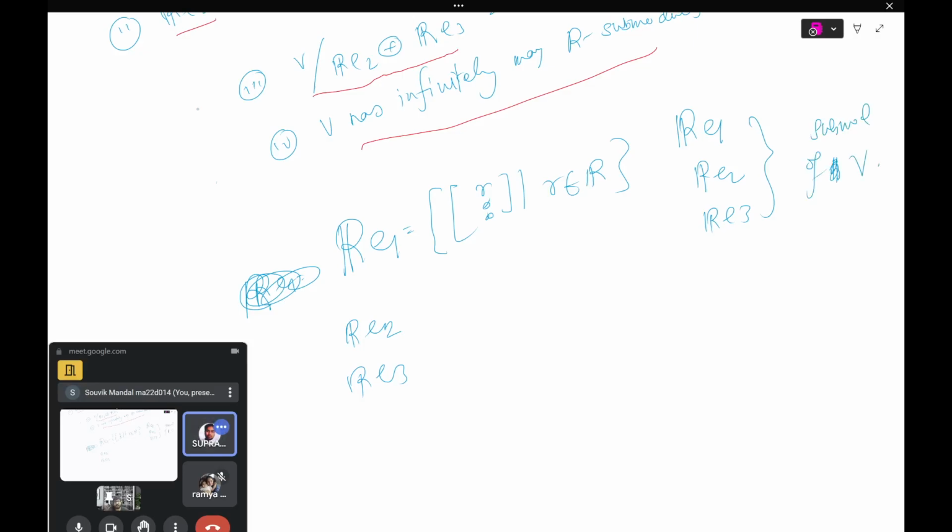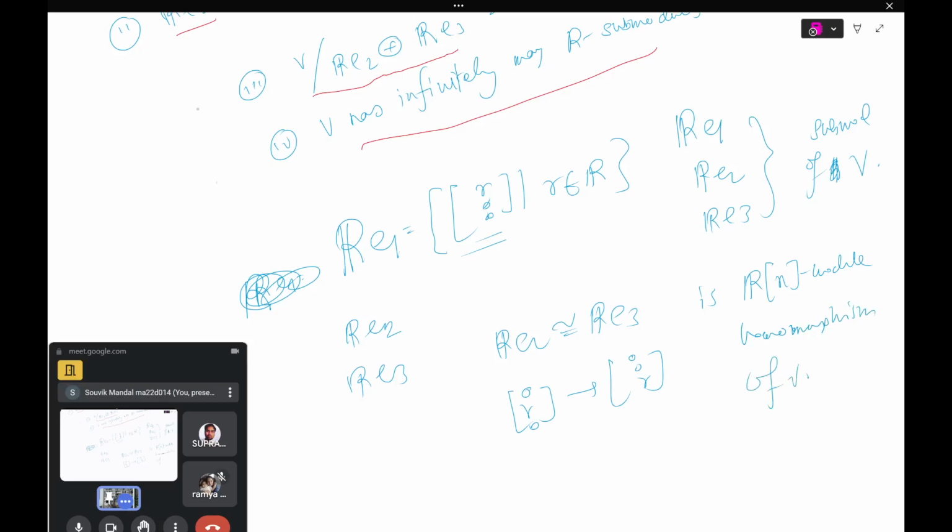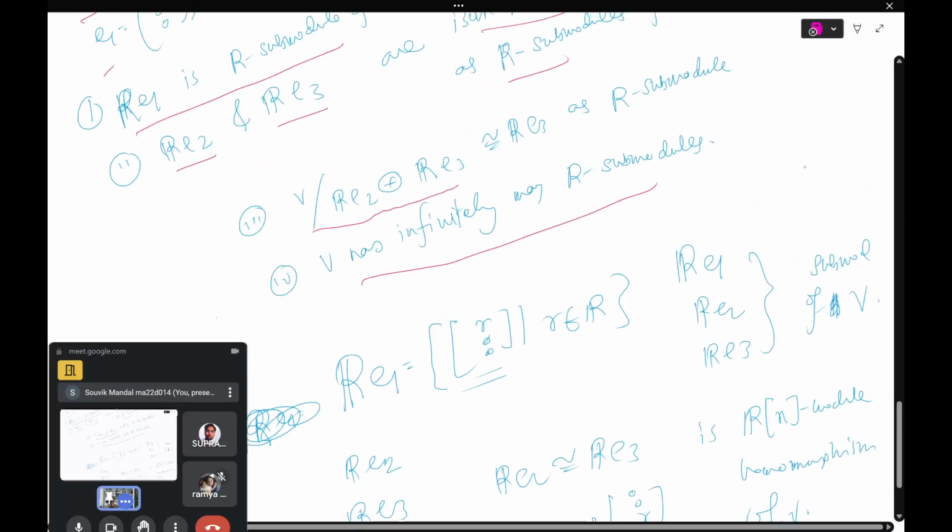Okay, and from this description it is clear that RE2 is isomorphic to RE3, and for this consider the obvious natural map (0,r,0) goes to (0,0,r), and it is an R-module homomorphism. It is not difficult to prove directly. And so RE1 is a submodule of V, so first option is correct.